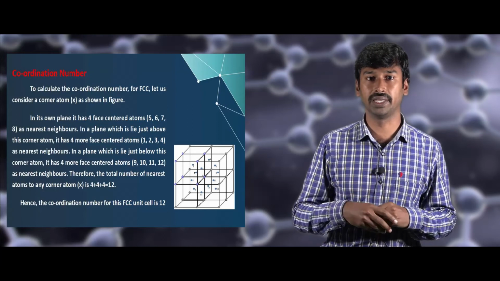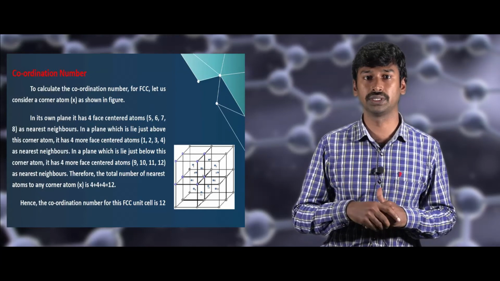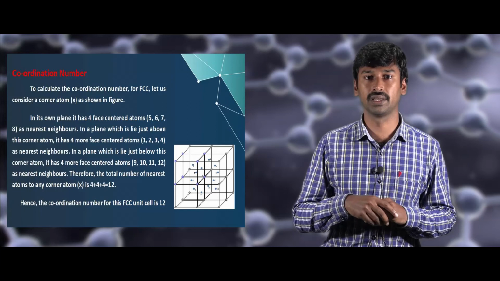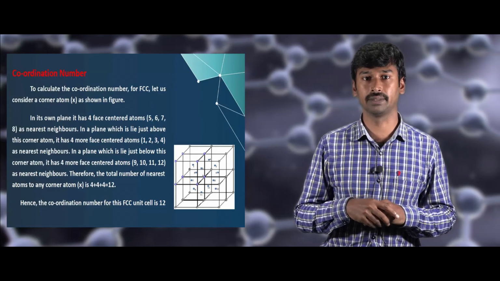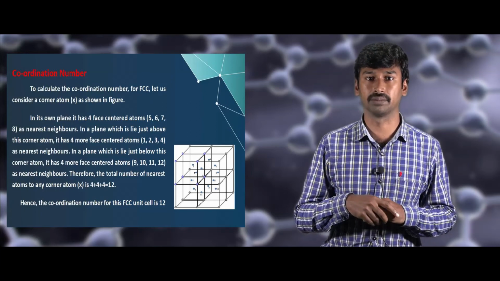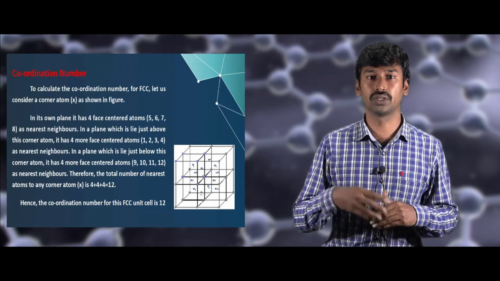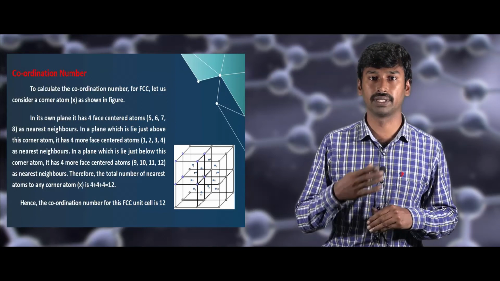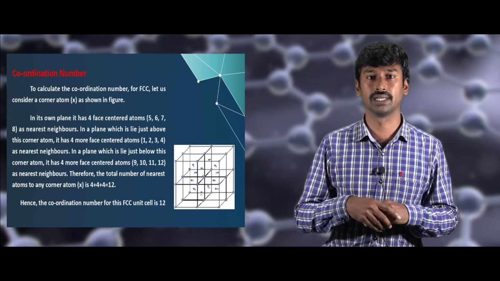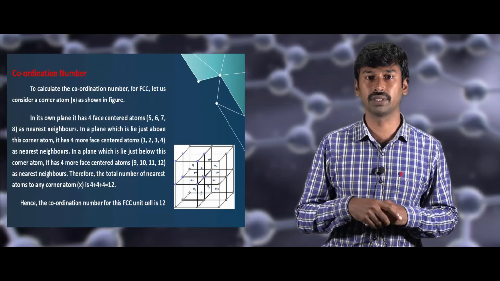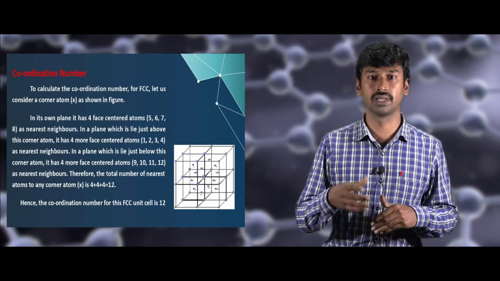Similarly, in a plane which is just lying below the corner atom X, we have 4 more face center atoms as nearest neighboring atoms. Hence, totally there are 12 nearest neighboring atoms for this atom X. Hence, the coordination number for this face center cubic system is 12.